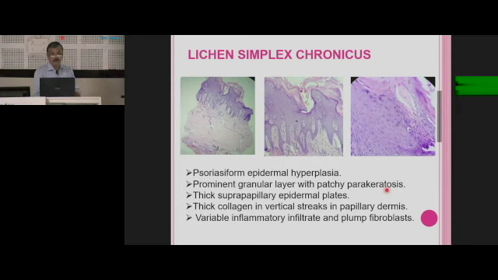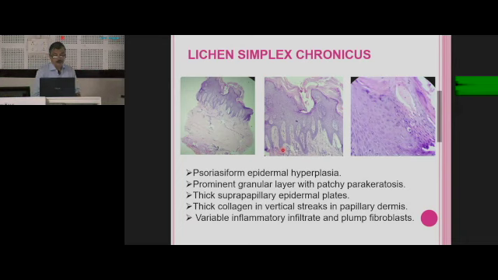The prominent granular layer with patchy parakeratosis, thick suprapapillary epidermal plate, thick collagen in the vertical streak. So this is very important because you can see the collagen oriented in a vertical streak.